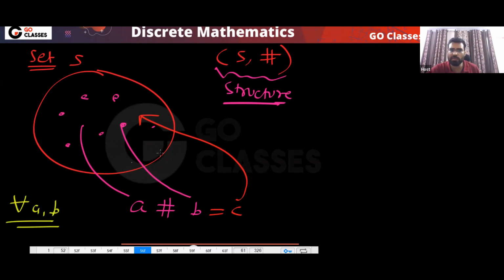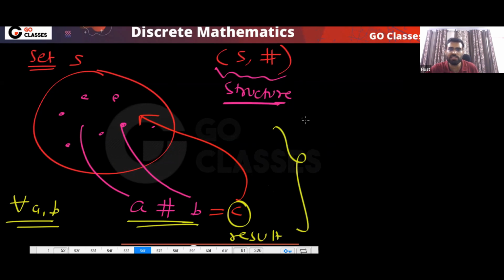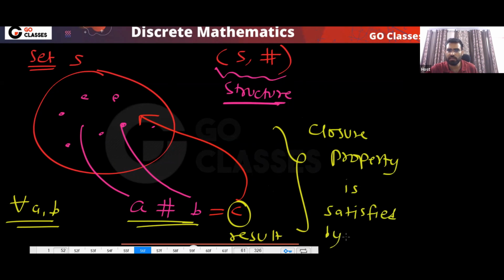Whatever a you take, whatever b you take, the result of this operation should be in this set. Remember, this c is the result. In this situation I will say that this structure satisfies closure property. Closure property is satisfied by this structure S comma hash.